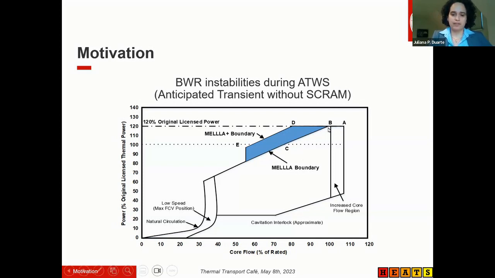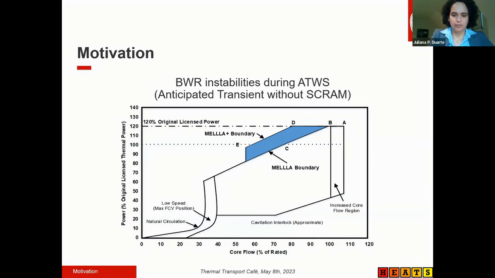And some reactors, at the time that the NRC collected this data, were applying for MELLLA plus boundary condition that allows them to operate at a higher power but lower mass flow rate, which could give them some flexibility in the operation of the reactor.